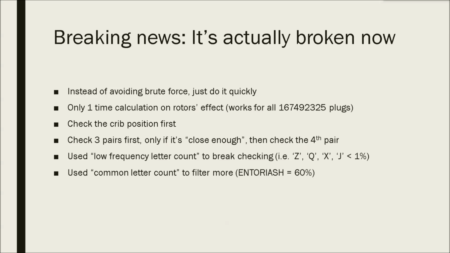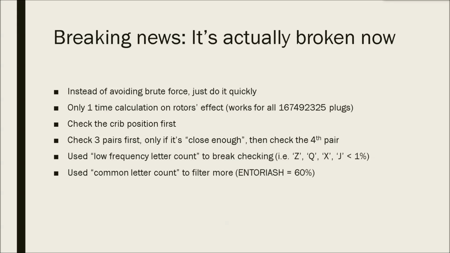One more thing is to check the crib position first. The crib means a known text in the plain text, and for us that was KDB at the end of the ciphertext.